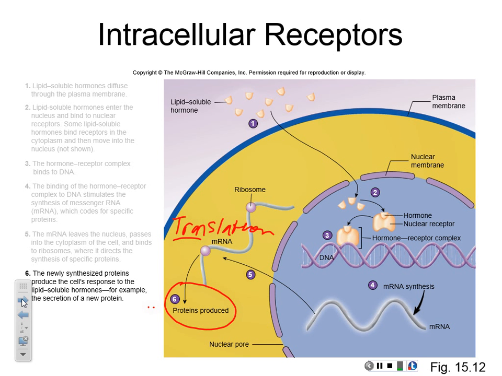Sometimes in the exam I might say, can you describe a lipid soluble hormone that attaches to a receptor in the cytoplasm? Then you talk about the attachment here. Or if I'm asking about a specific lipid soluble hormone that will attach to a nuclear receptor, then you talk about that.